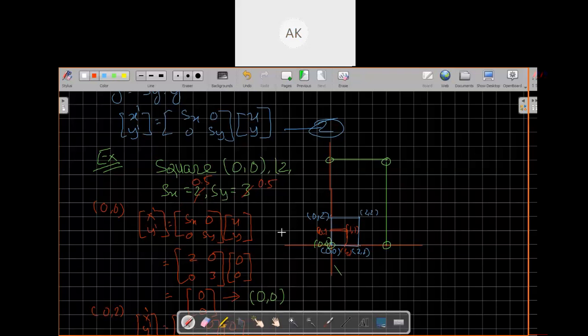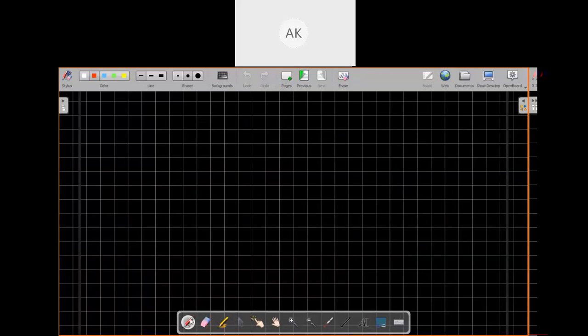Then the size of this object will decrease, and the values are, as you can see, the same, meaning sx equals sy, meaning the size will change uniformly, and you will get this square with these coordinates, meaning 0, 0, 1, 0, 0, 1 and 1, 1. You just calculate these points and you will get this square.